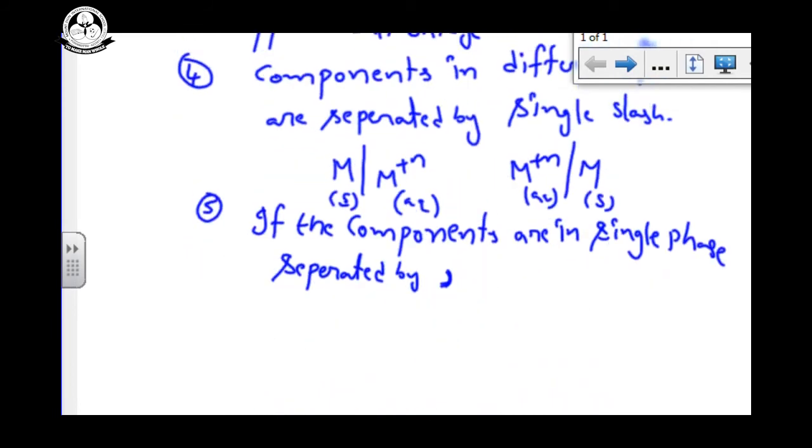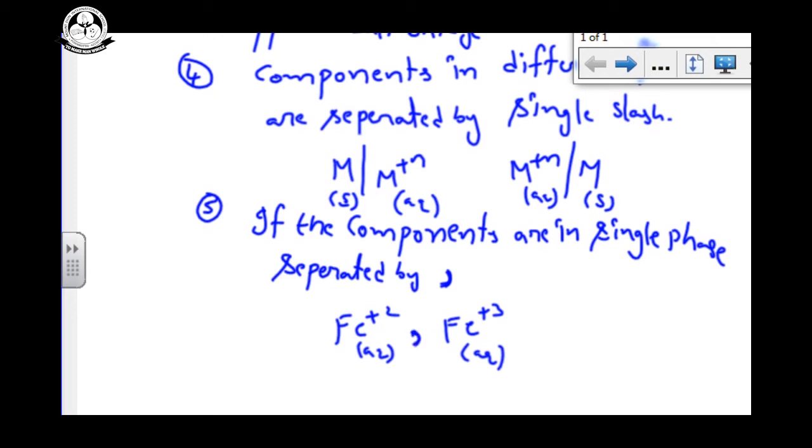For example, Fe plus 2 ion and Fe plus 3 ion. Fe plus 2 becomes Fe plus 3, which means one electron is lost or gained. This is also aqueous medium and this is also aqueous medium. The two mediums are the same, so we can represent them by a comma.